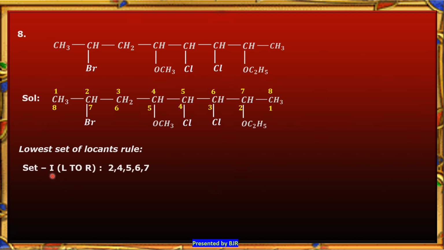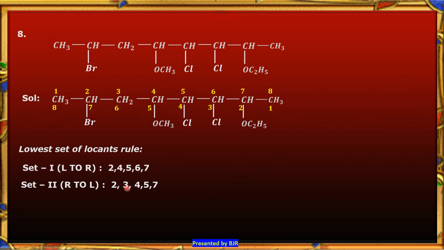Set 1 locants from left to right: 2, 4, 5, 6, 7. From right to left: 2, 3, 4, 5, 7. So if you compare these two sets of locants, the first terms are equal, then go to the next terms. 3 is less than 4.